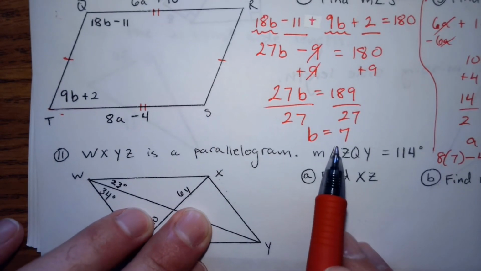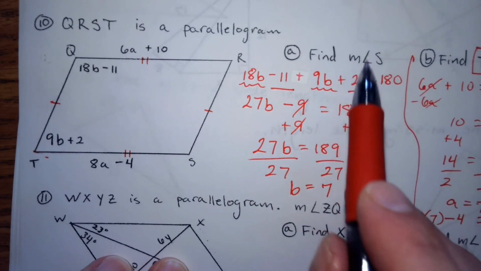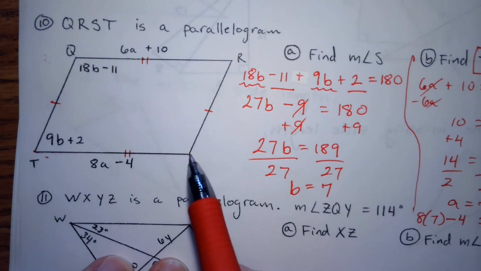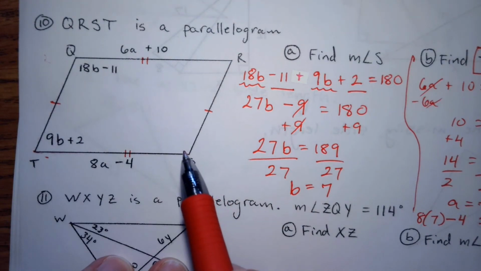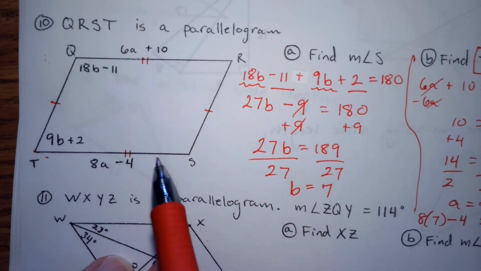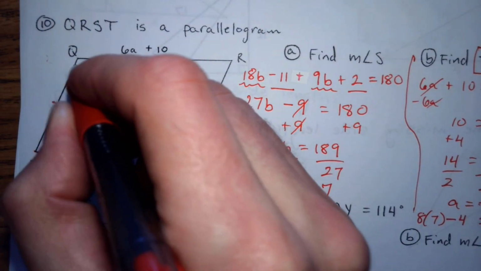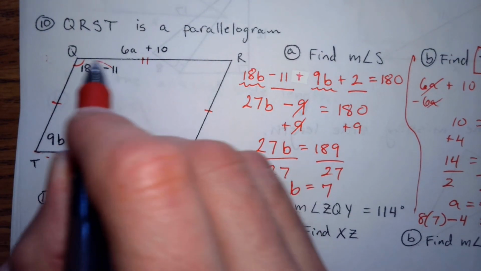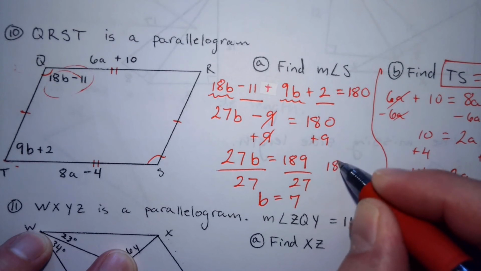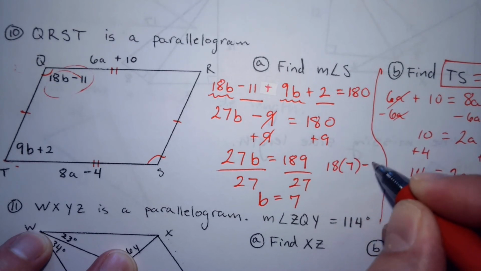But we're not finished. It's asking for the measure of angle S. That's this angle. We don't have this angle. But we have this angle. And those are congruent. So I can just plug in the 7 to this. 18 times 7 minus 11.